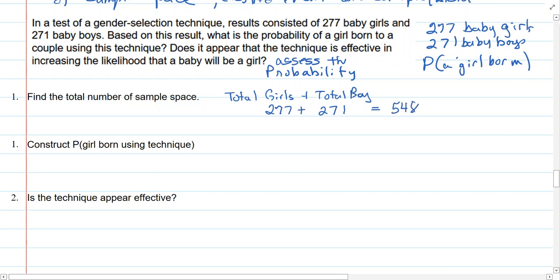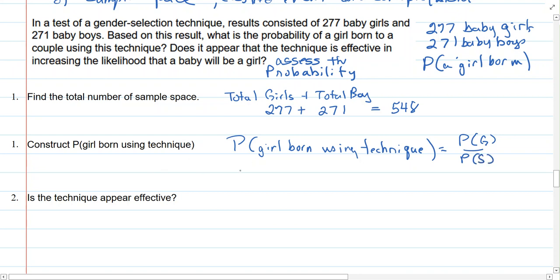So we know that number. Construct the P of girls using this technique. We want the probability of a girl being born, which means the number of girls over the sample space.